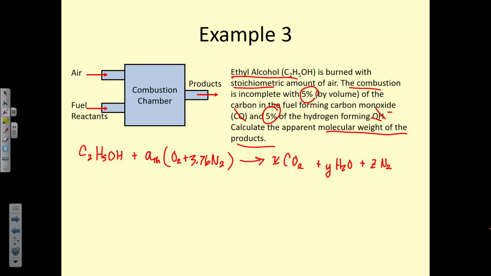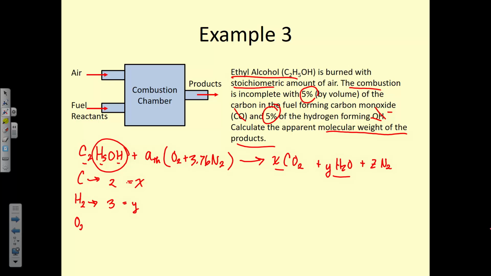Okay. So let's look at carbon first. We have 2 on this side of the equation is equal to X. That's pretty easy. We'll look at hydrogen. On this side of the equation, we have 3 H2s, because it's an H6 if we count both of those. So 3 is equal to Y. That's pretty easy too.